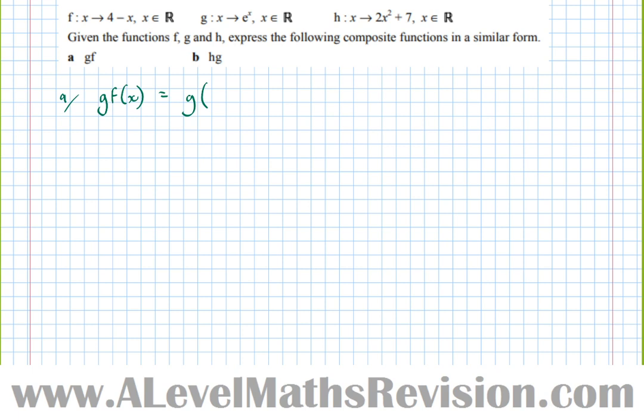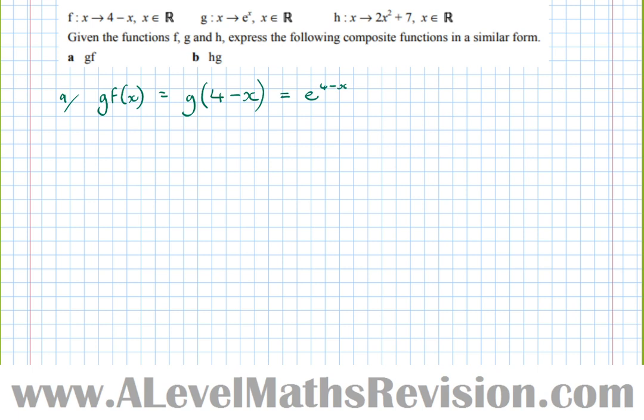When f sees x, it makes it negative, then adds 4. Or you could think of it as taking it from 4. So g of 4 minus x. And here g takes whatever it's given and e's it, equals e to the 4 minus x.